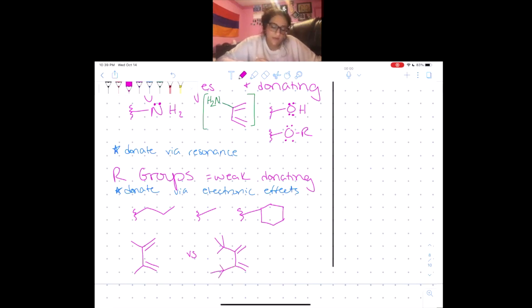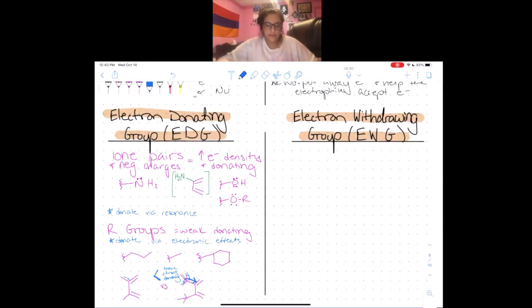These tert-butyl groups are going to have much, much stronger of a donating effect from all these carbons than this puny little methyl. So, as I said, more strongly donating.